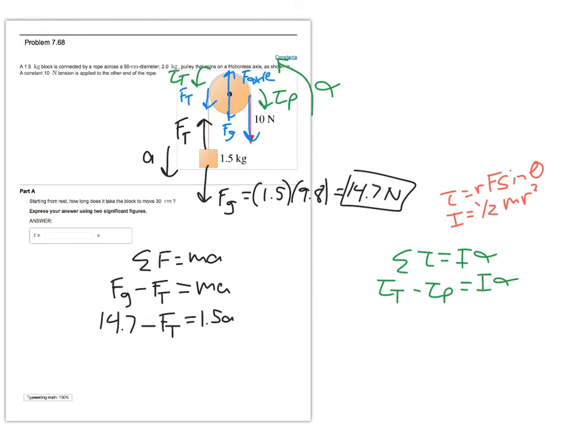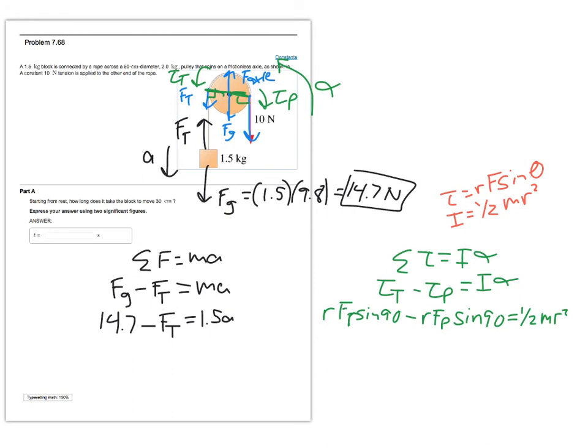So I'm going to have R times the force of tension times sine of 90 minus R times the force of the pull, which is 10 newtons, also times sine of 90. Both of those forces, if we think about the angle between the radius and the force, are at 90 degrees in both cases. And that's going to be equal to 1/2 mr squared.